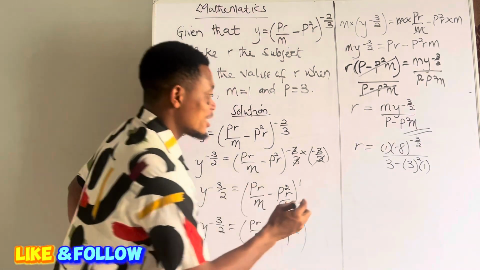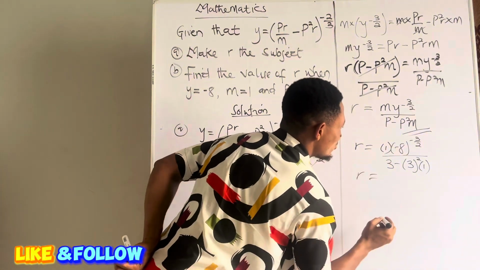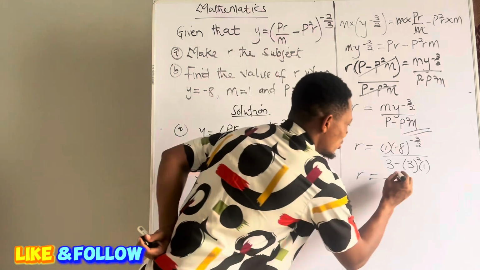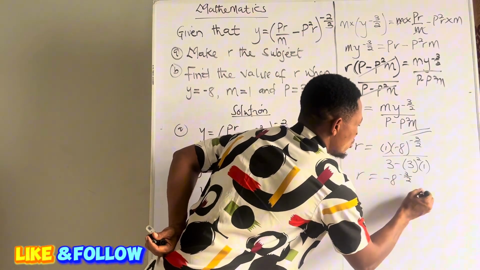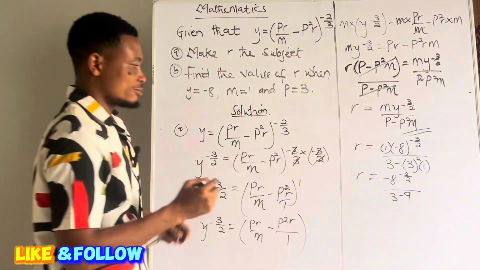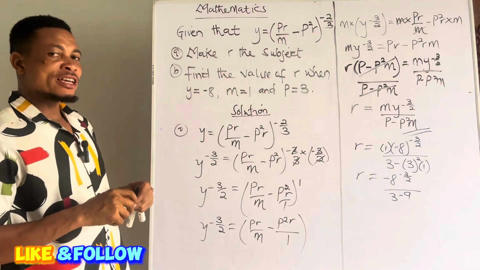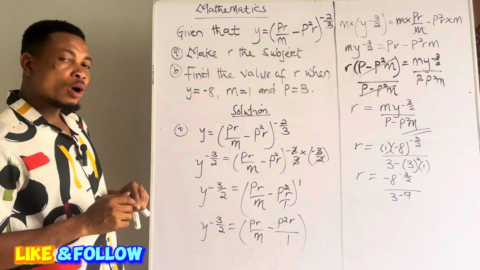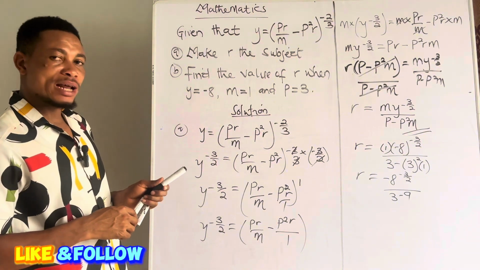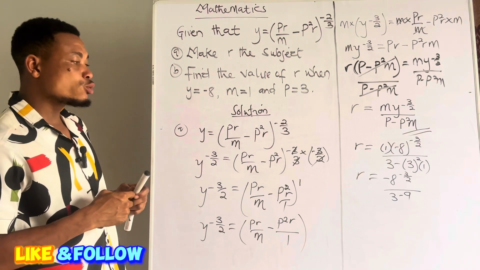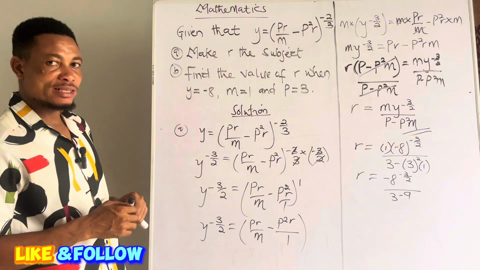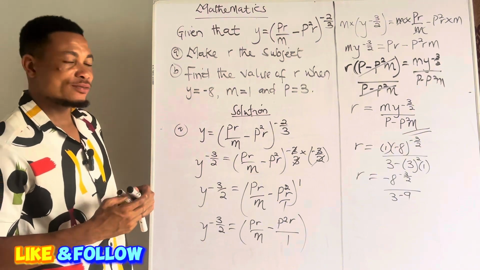Now we have r equal to negative 8 to the exponent negative 3 over 2 over 3 minus 9. But negative 8 can equally be written as negative 2 to the exponent 3. Negative 2 to the exponent 3 is the same as negative 8.